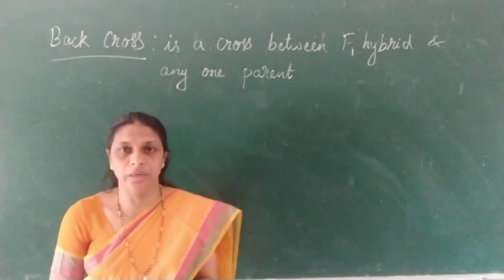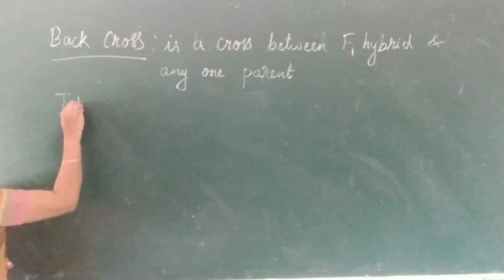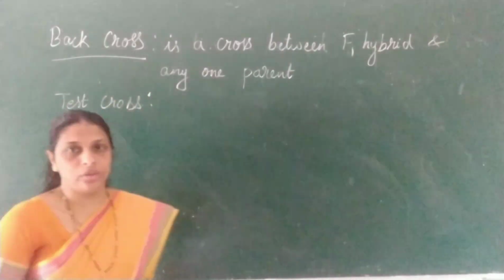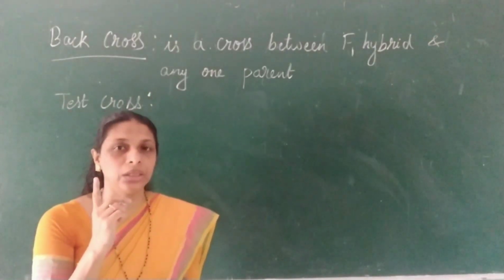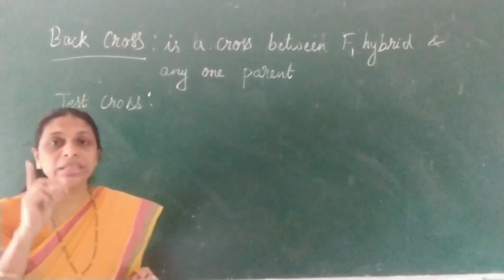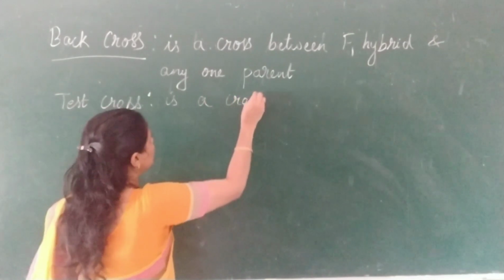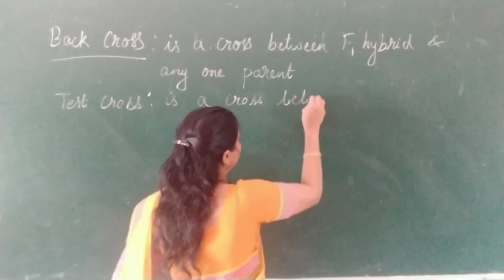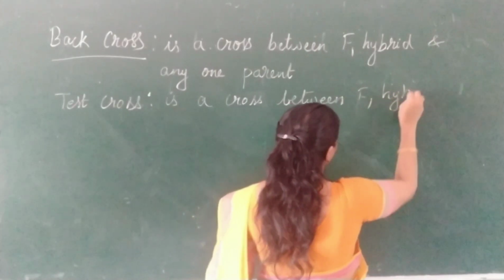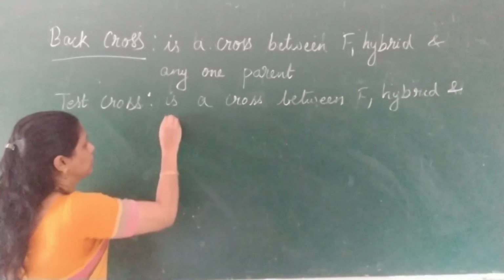Now, another term that you have to remember is test cross. Test cross is a back cross, but there is a specific point that you have to remember here. That is, a test cross is a cross between the F1 hybrid and its recessive parent.